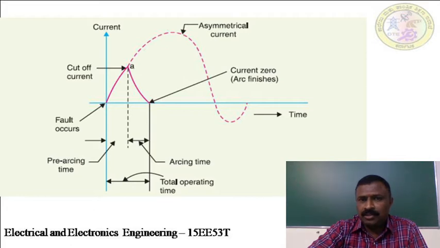The time between these two is the pre-arcing time, and the time between the cutoff and the end of arc extinction is the arcing time. These can be referred to as 0 to T1 and T1 to T2. T1 is the pre-arcing time, and T2 is the arcing time.